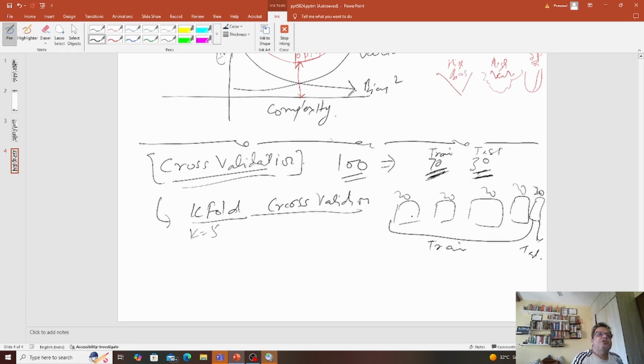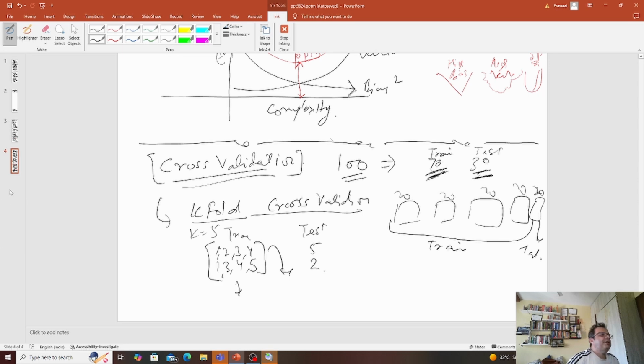But then we use all the combinations of these 5 parts. In this example we did 1, 2, 3, 4 for train, and 5 for test. Then we can do 1, 3, 4, 5 to train and 2 to test, and we keep doing this iteratively till we are done with all the combinations.